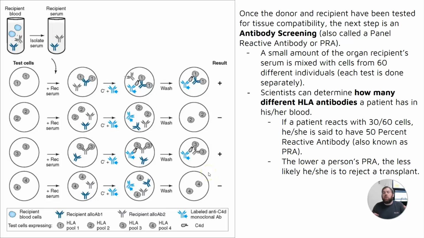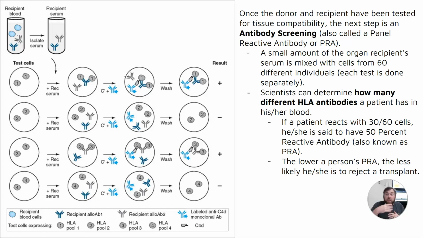Once the donor and the recipient have been tested for compatibility, the next step is called an antibody screening, which we also call a PRA, or a panel reactive antibody. The reason we need to do one more test is that we need to figure out how many different HLA antibodies are actually expressed.